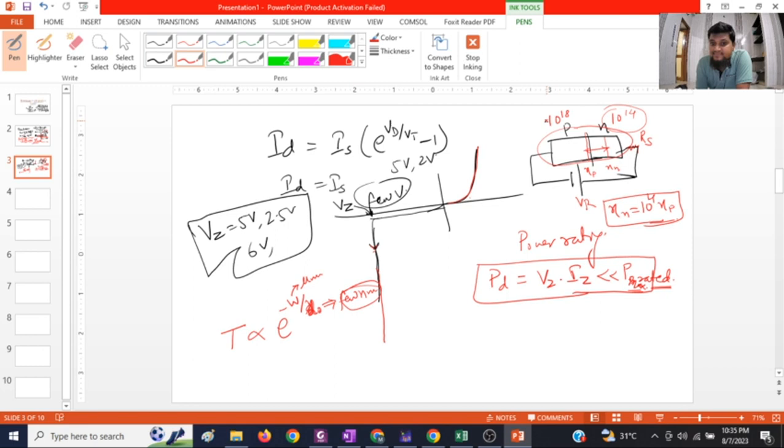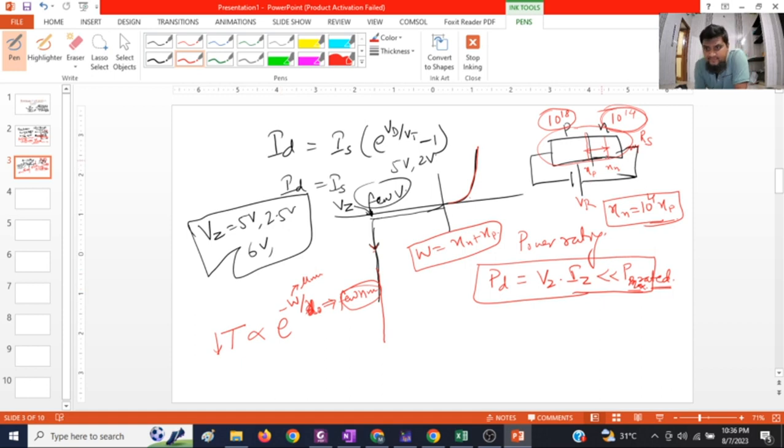So W is xn plus xp. Even though xp is very small, W is approximately equal to xn, which will be of the order of a few micrometers, and the tunneling probability will go down, and this will not work. So a very important condition is that both sides must be highly doped for Zener application.